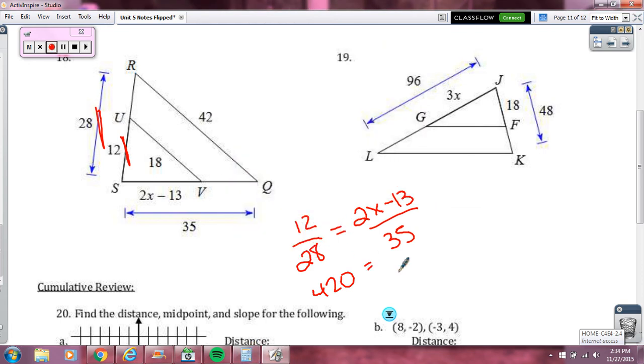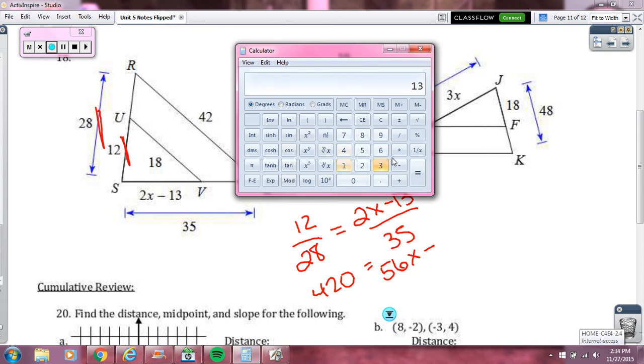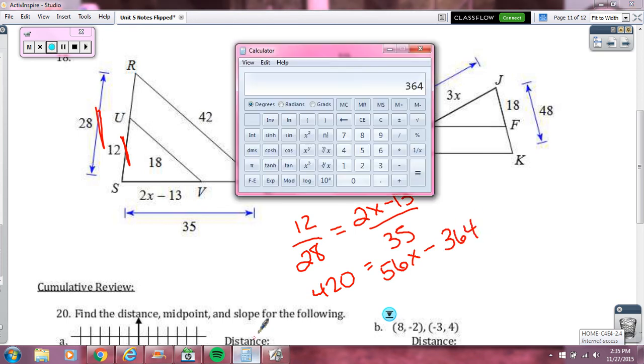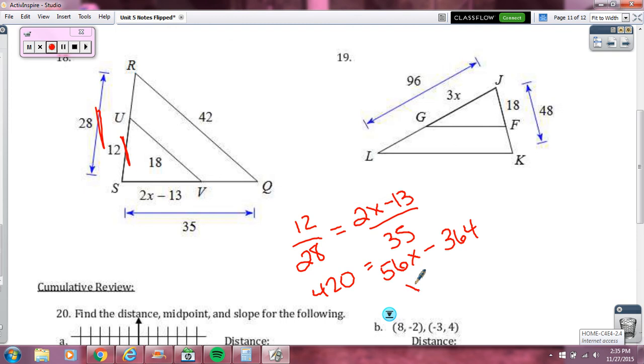Over on the other side, 2 times 28 would be 56x, and then 13 times 28 is 364, so 420 plus 364, and then divided by 56. 14 for that one.